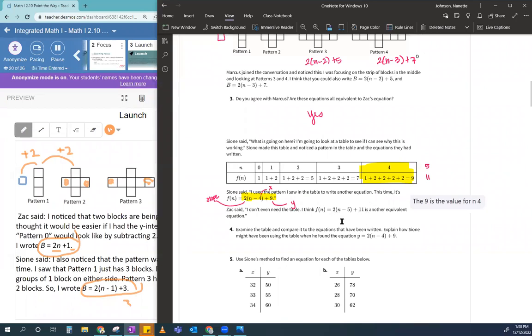So let's review. Where did we get the 2 from? Where'd you get the 2 from? Very good. It's your slope. Okay. Then where did the 5 come from?